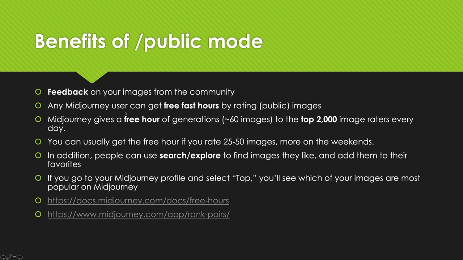You get a free hour of generation to the top 2,000 image raters every day, and it's not hard to get in that top 2,000. Honestly, if you just spend 20 minutes rating images, you have a good chance. Maybe more on the weekends, maybe more like 45 minutes, but it's not that difficult.